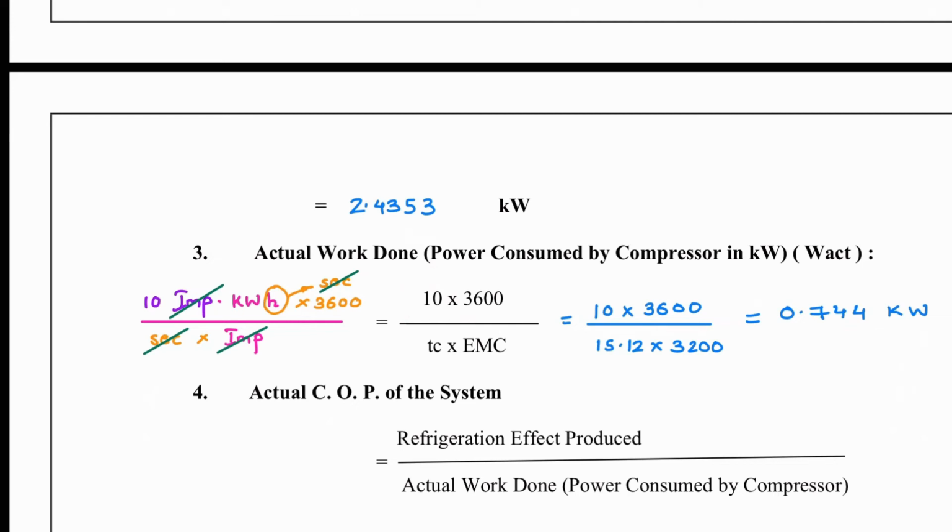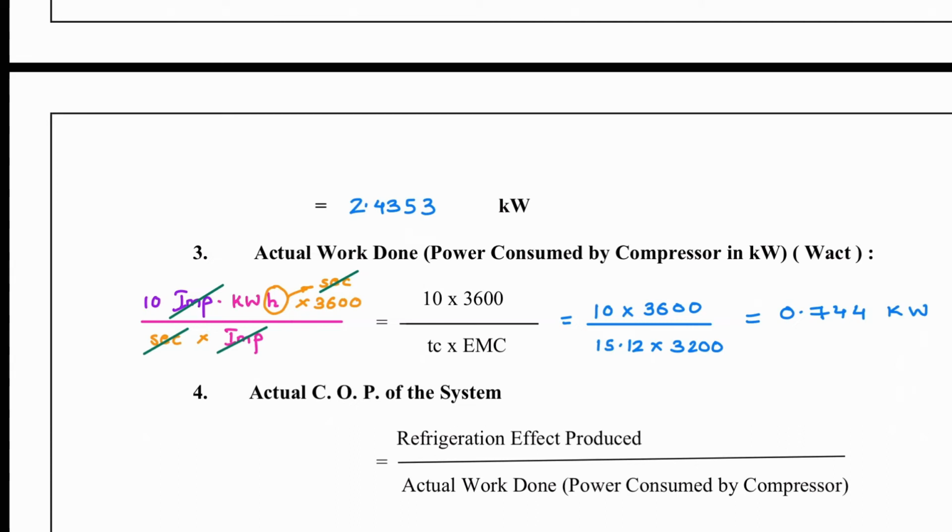Now how you can get it by just taking the time in seconds for 10 impulses, with the value in kilowatt, that calculation we will see. Here on the left hand side I have shown you the unit part. The total is 10 impulses, that is why 10 is there. And EMC, what is the unit? Impulse per kilowatt hour, that I have written. And this TC is the time for 10 impulses, so this will be in seconds. If you want to convert this hour into seconds, in the numerator you have to multiply by 3600.